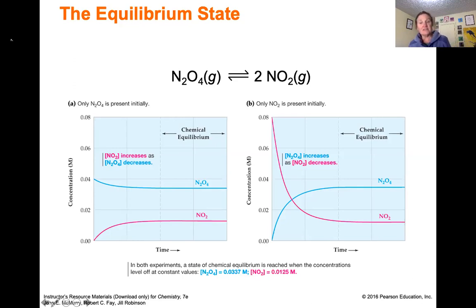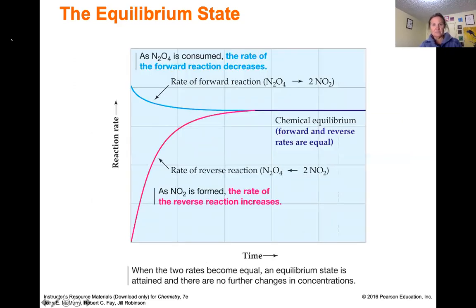You could start the reaction the exact opposite way. On the right-hand side, you started the reaction with only the NO2 and 0 concentration of N2O4. You'll still reach a point at which the concentration stops changing and you're at equilibrium. We'll be able to define that point as we learn more about the process.